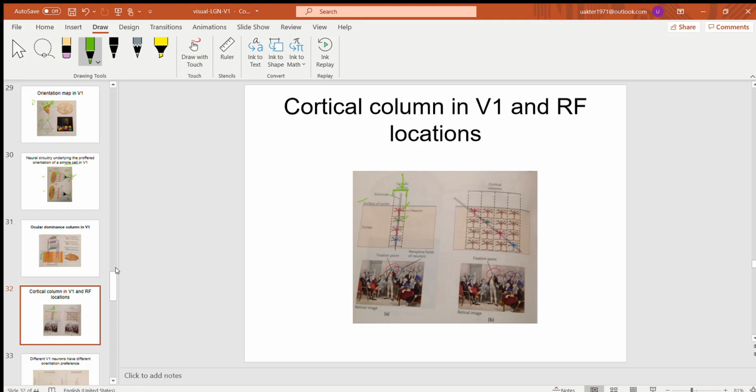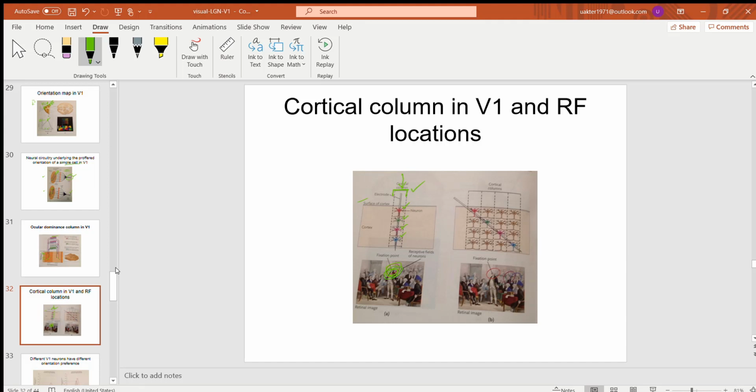So by 4 different colors, they have shown the 4 different neurons within this hypercolumn, and you see the receptive fields they measure are all highly overlapped. That means they are stimulated when the object is only in this location in space.